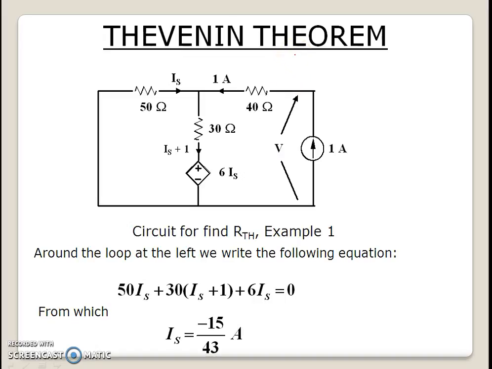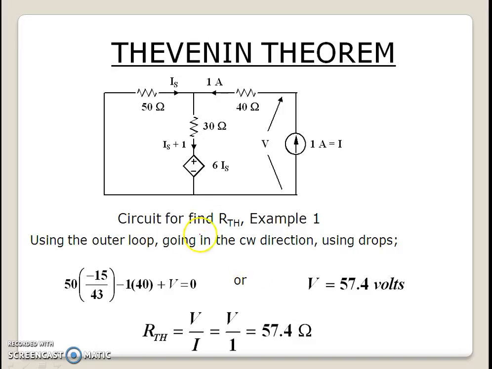with a different approach. Let us excite the circuit with a simple 1 ampere current source at the terminals A and B. Once we apply that, we are able to find out the value of IS, which is minus 15 by 43, and then we can find out the RTH by applying KVL to the outer loop.